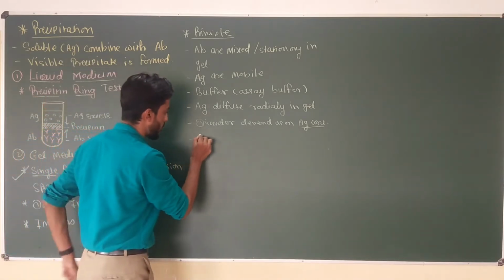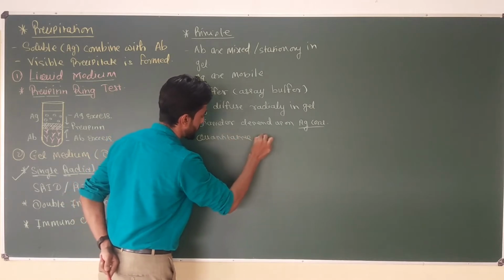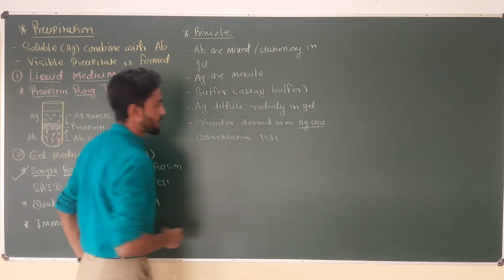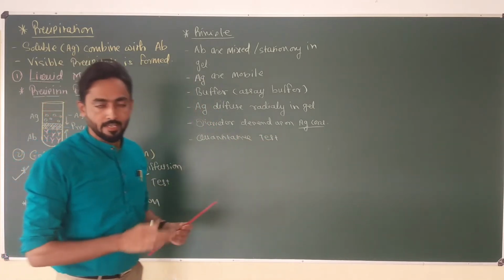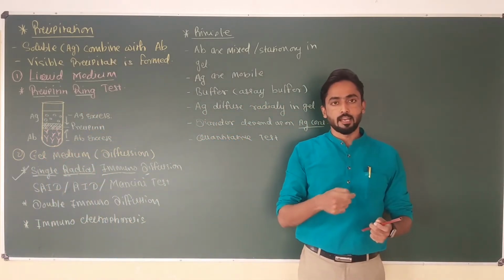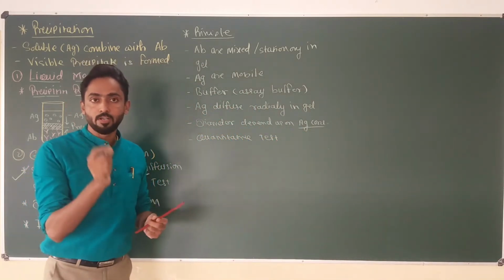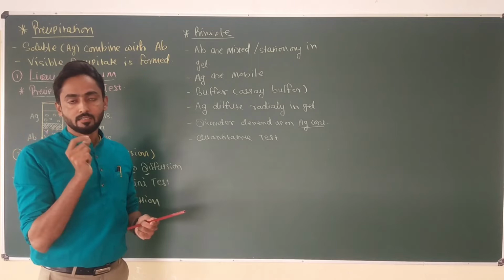Okay, so it is a quantitative test. One can use this single radial immunodiffusion technique to determine either antigen or antibody concentration, as well as the purity of the antigen present in the sample.